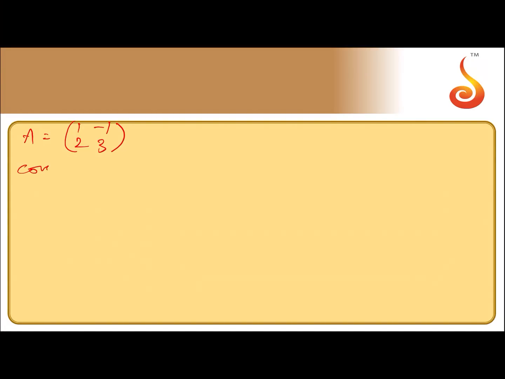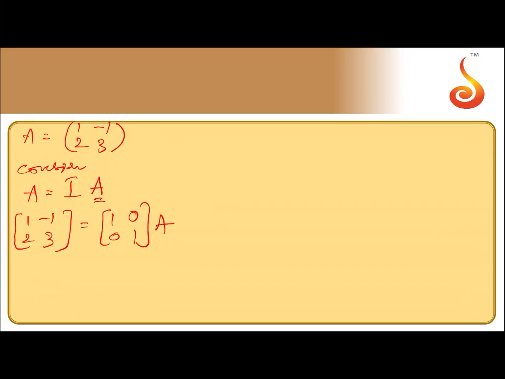So consider A is equal to the unit matrix multiplied by A. Keep this A as it is and rewrite the other one as a matrix: 1, minus 1, 2, 3 equals 1, 0, 0, 1 multiplied by A.